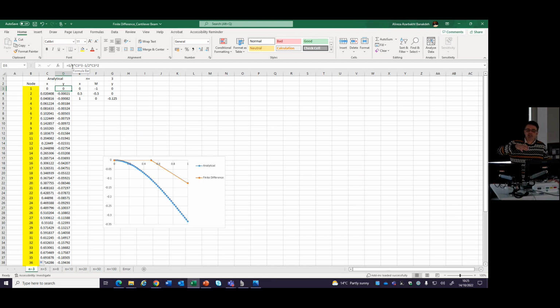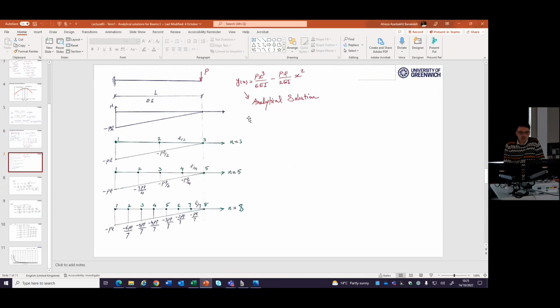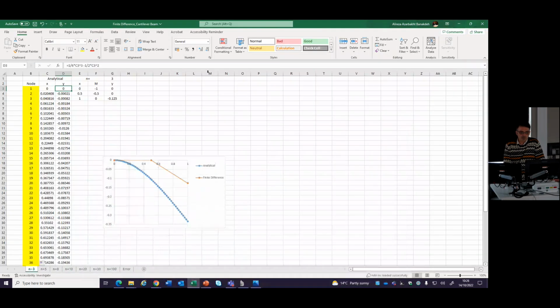Forget about EI, I didn't put E, I, and P. I inherently assumed P, E, I are 1. Okay? I'm using x^3 over 6 minus x^2 over 2.